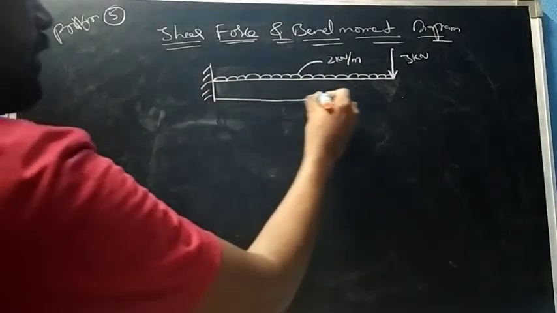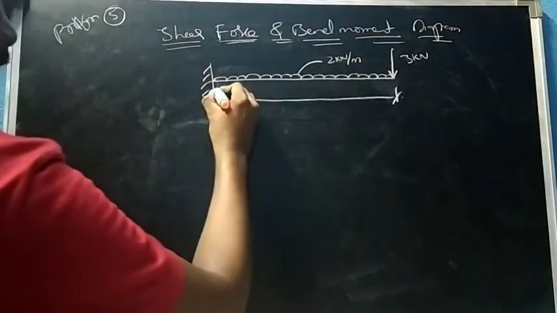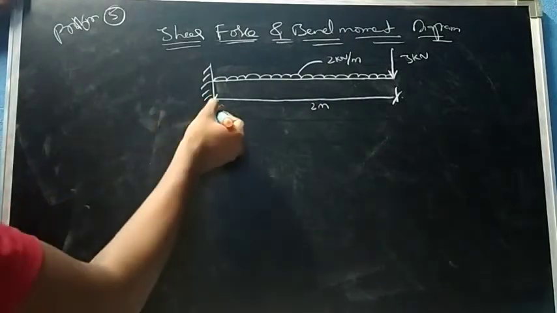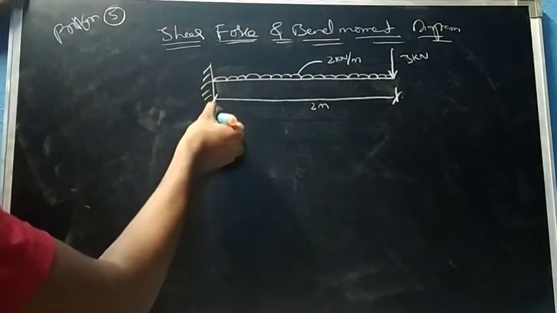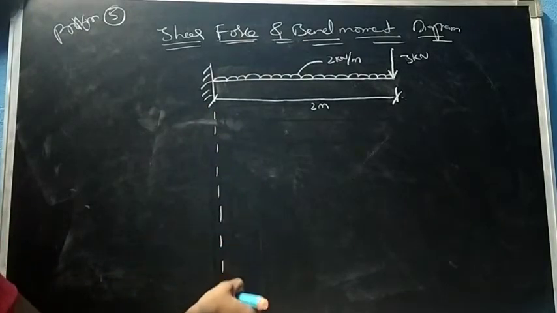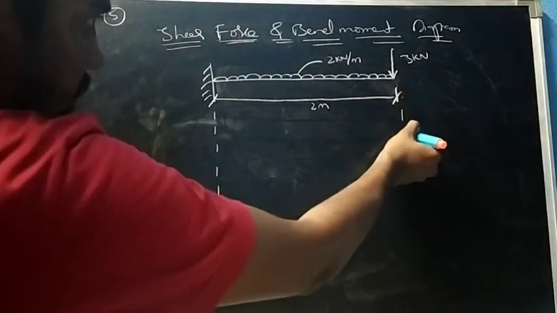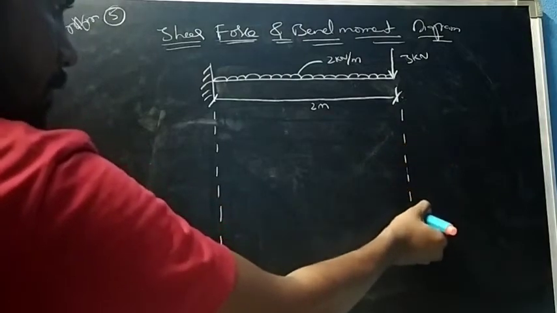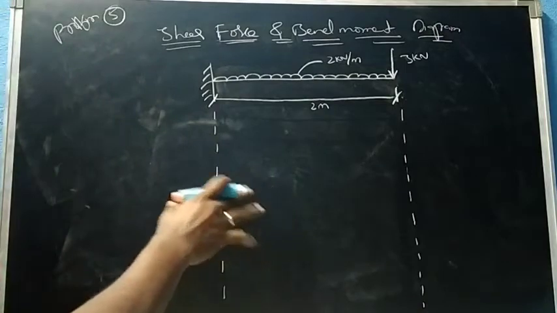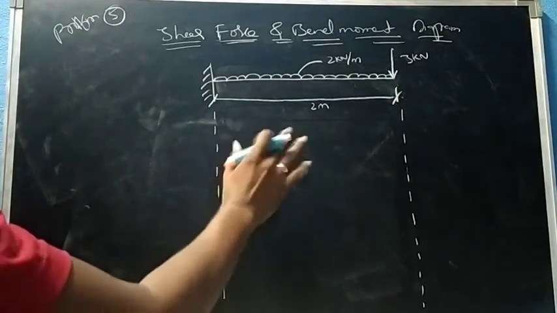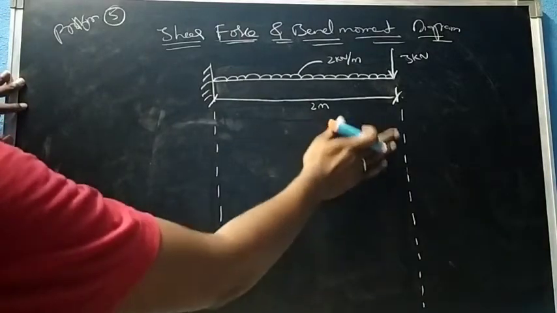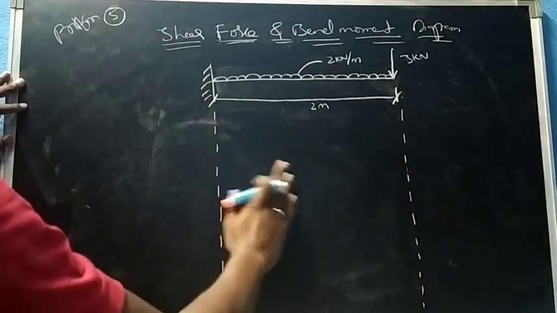What is the length of the beam? That is 2 meters. Clear? So now to draw, we need to extend this reference line. For the exam, it is better to draw on a fresh page so that it will be clear to the evaluator.